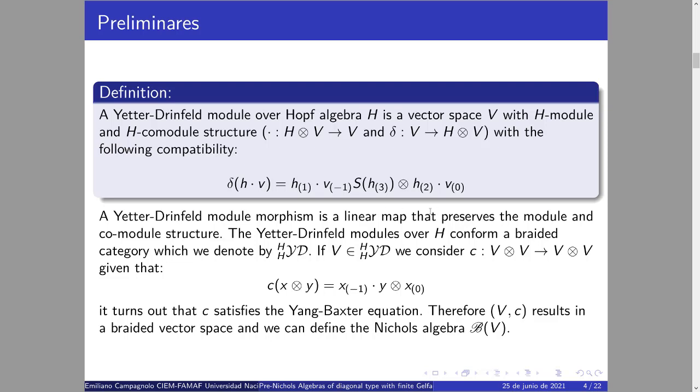The Yetter-Drinfeld modules over H form a braided category which we denote this. If B is a Yetter-Drinfeld module, we consider C, given that this turns out that C satisfies the Yang-Baxter equation. Therefore, B results in a braided vector space and we can define the Nichols algebra of B.